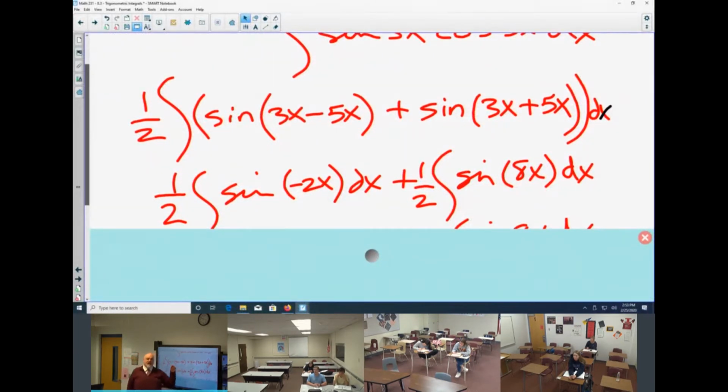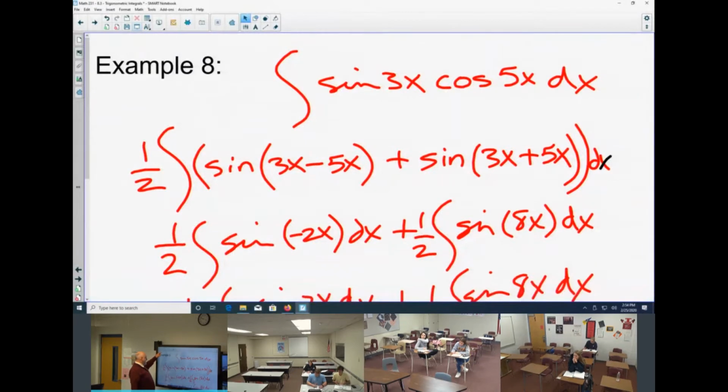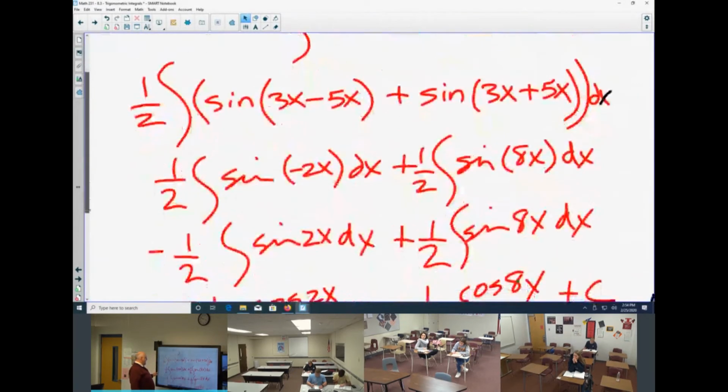If you have a negative inside the sine, can you disregard the negative or do you bring it in front? Bring it in front. It's with the cosine that when the argument is negative, you can disregard it. But with sine, you bring it in front. So you'll have negative 1/2 the integral of sine 2x dx plus 1/2 the integral of sine 8x dx.